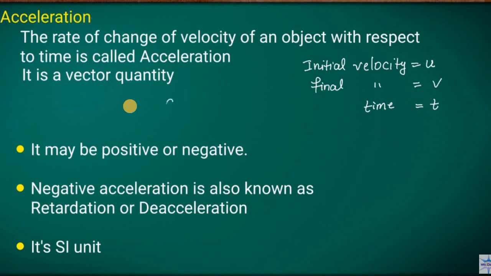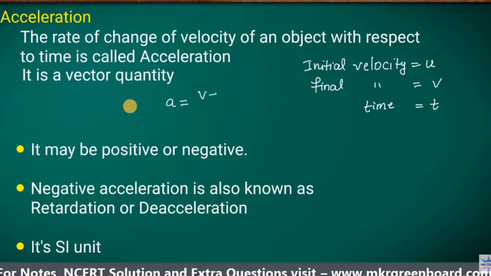So the initial velocity is denoted by u, the final velocity by capital V, and the time taken for changing this velocity from initial to final is denoted by t. So the formula is a is equal to v, the final velocity, minus u, the initial velocity, divided by t.